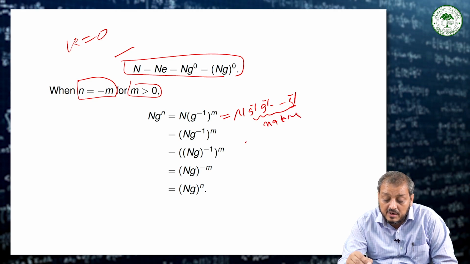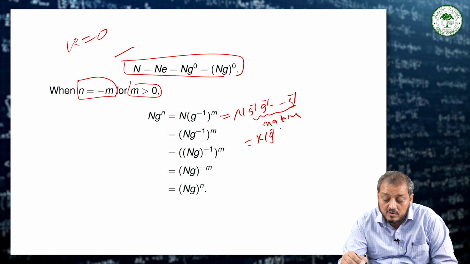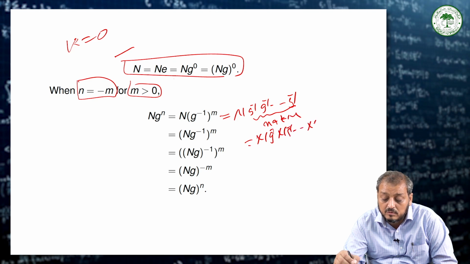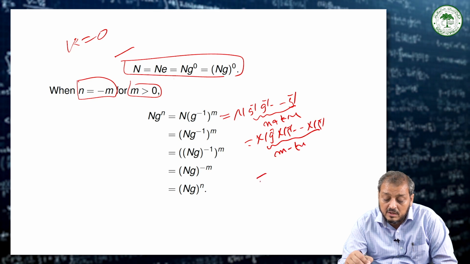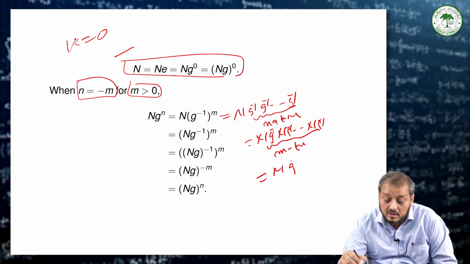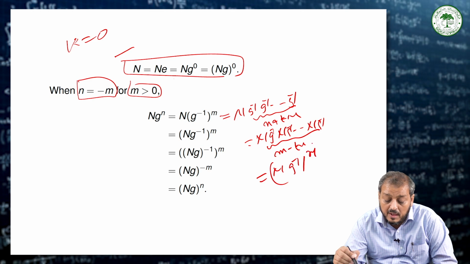By the property, this is Ng inverse times Ng inverse up to Ng inverse, m times, which is (N g inverse)^m.